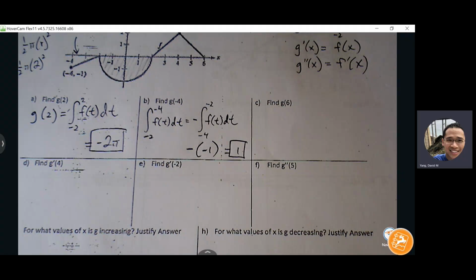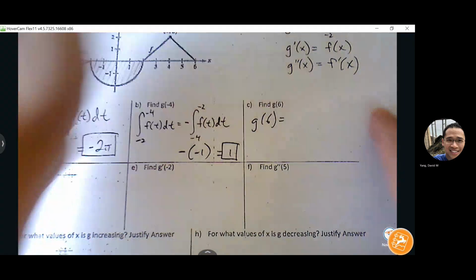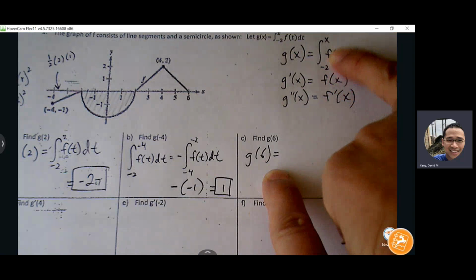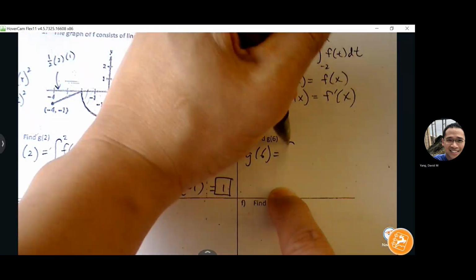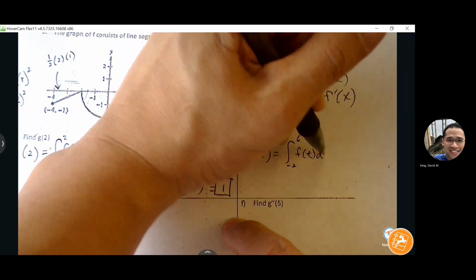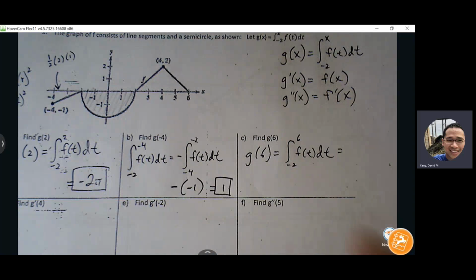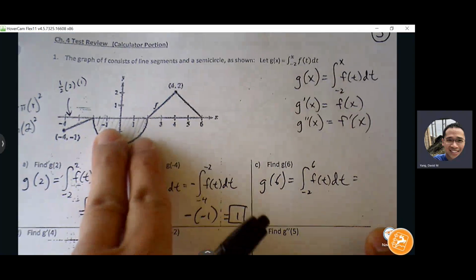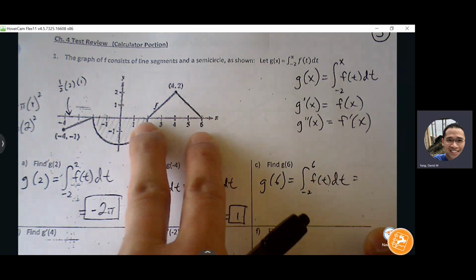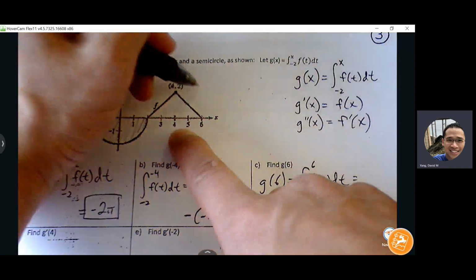Okay, G of 6. Just follow whatever the rule is given to you and put X where it belongs. -2 to 6. I already have this figured out, so I know that's -2 pi. And then from 2 to 6, that's just a triangle, 1/2 base times height. It's above the x-axis.